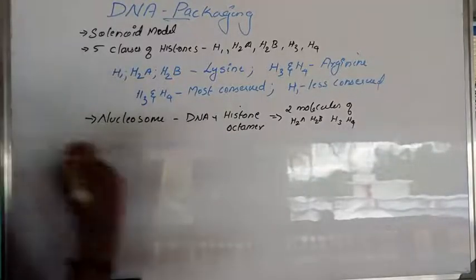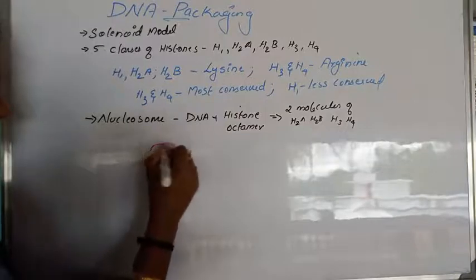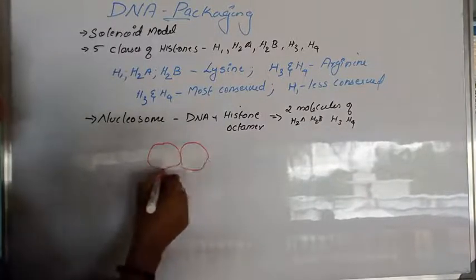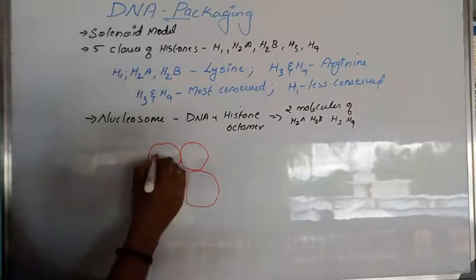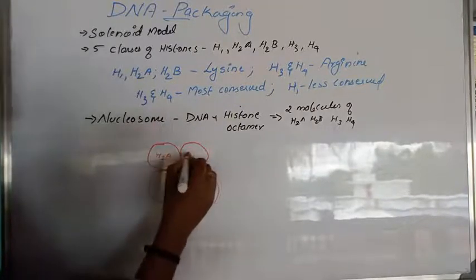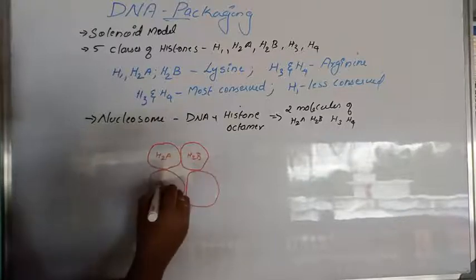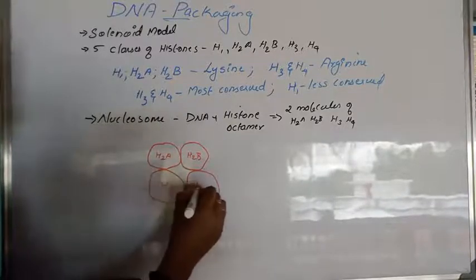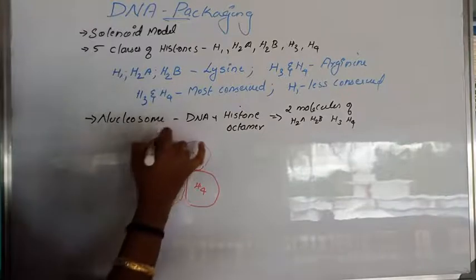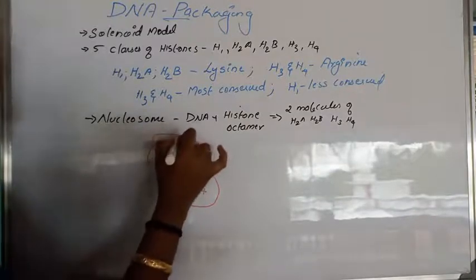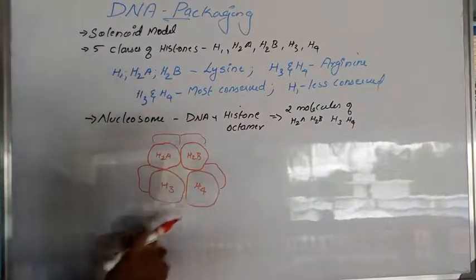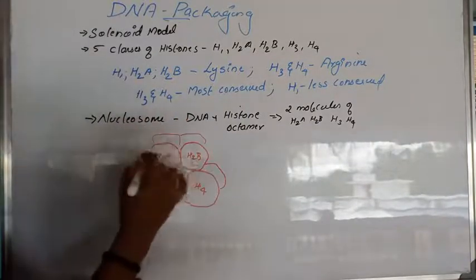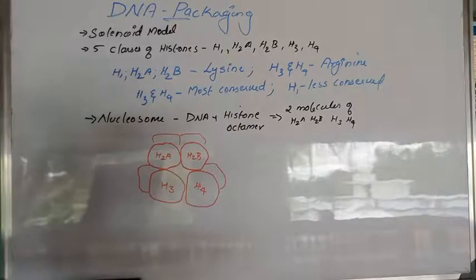Suppose this is H2A, H2B, H3, H4. Just think this is 4, but on the backside there are also 4. That is the 3D view. So it is the octamer.